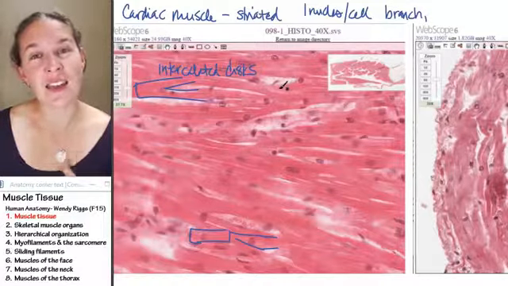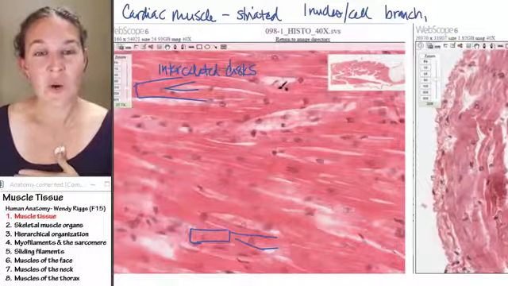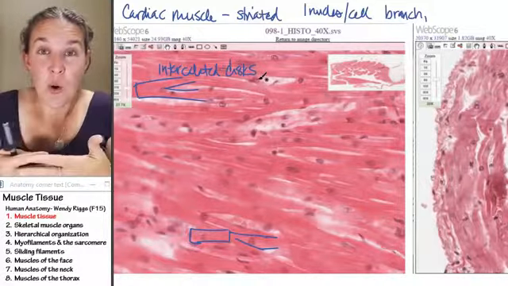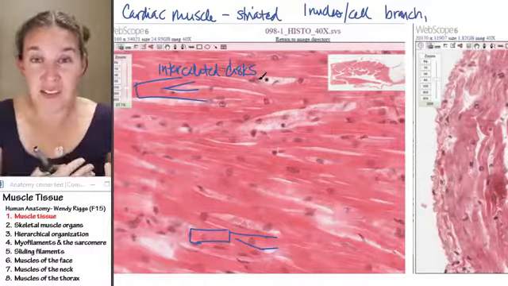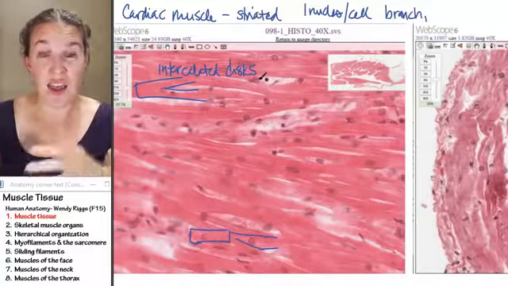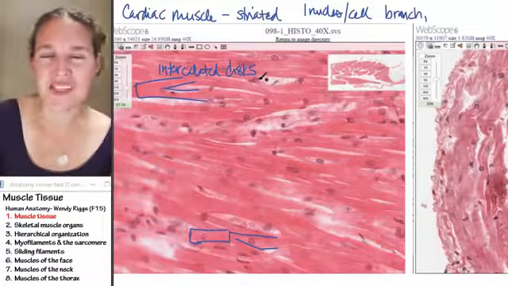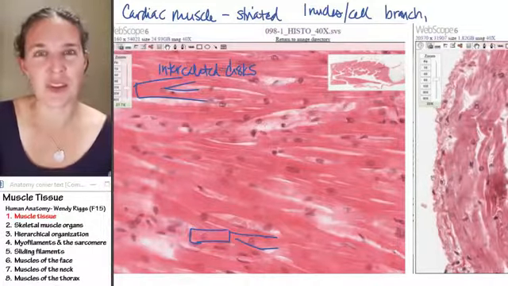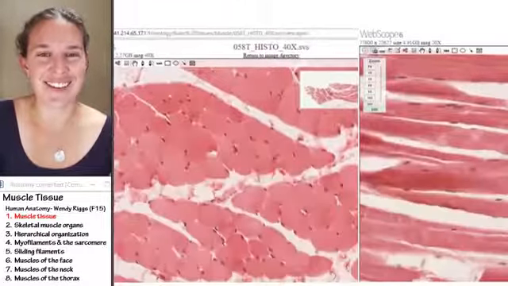And then that is sad. We're sorry that your heart stopped beating. So the intercalated discs help hold the heart together. They also help the heart muscle contract all together without actually needing nervous input.